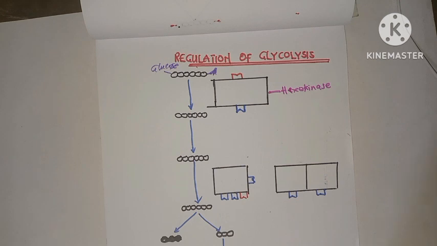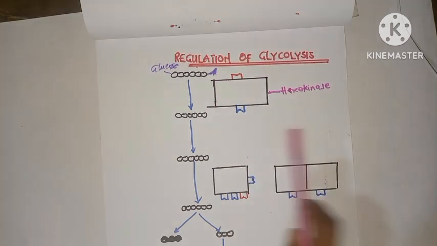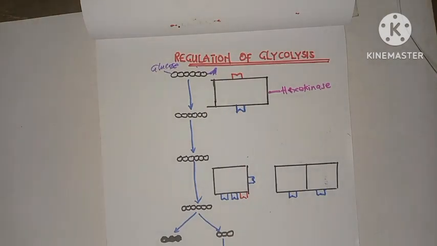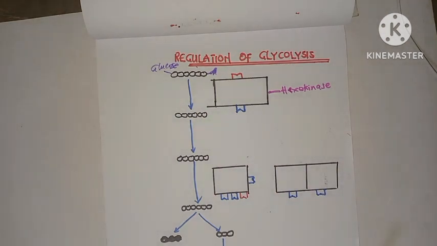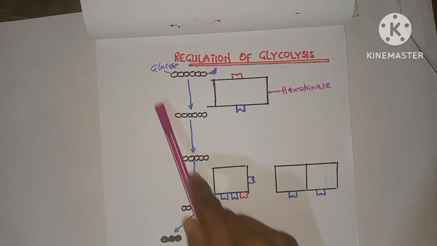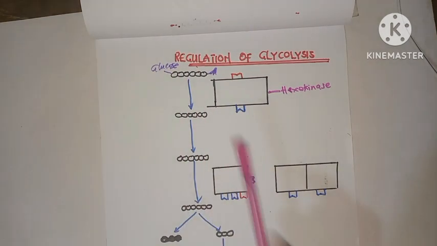Now let's talk about this hexokinase enzyme. What this hexokinase enzyme is doing is that it is converting glucose to glucose 6 phosphate. Whenever there is a lot of glucose, it will want to convert it to glucose 6 phosphate.